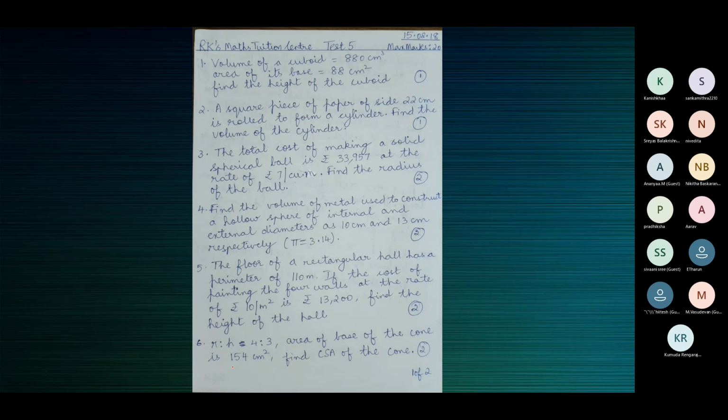Fourth question. Find the volume of metal used to construct a hollow sphere of internal and external diameters 10 and 13 respectively. Two diameters are given, so there is a value for small r and a value for capital R. I told you that a coconut is a very good example for a hollow sphere.